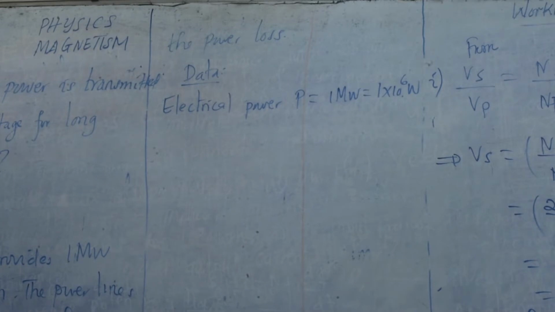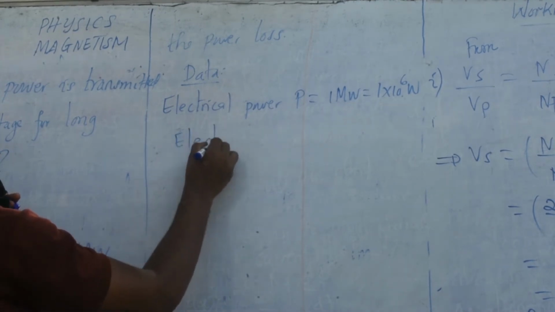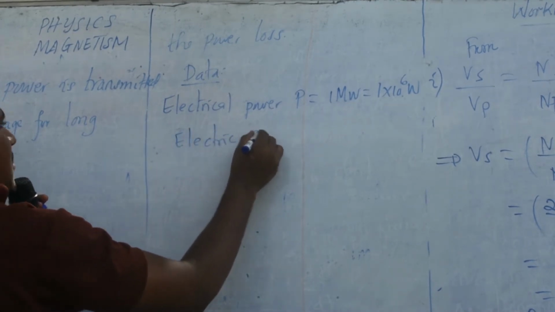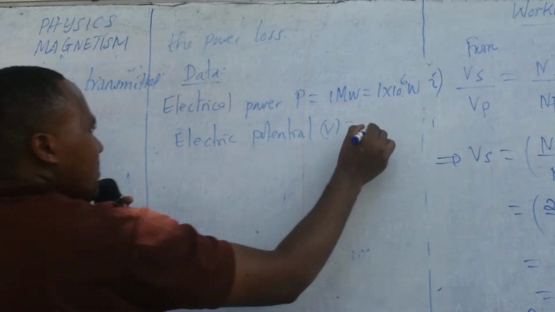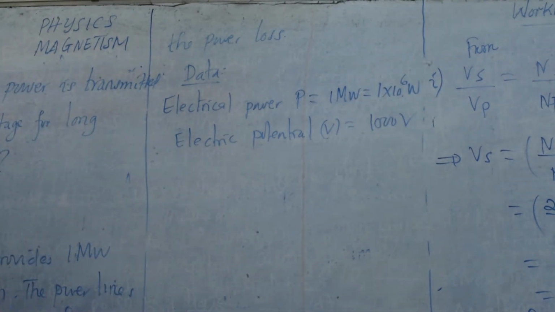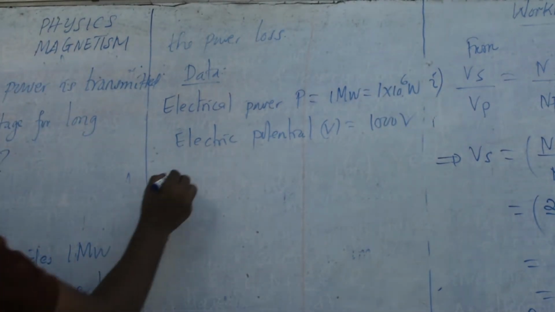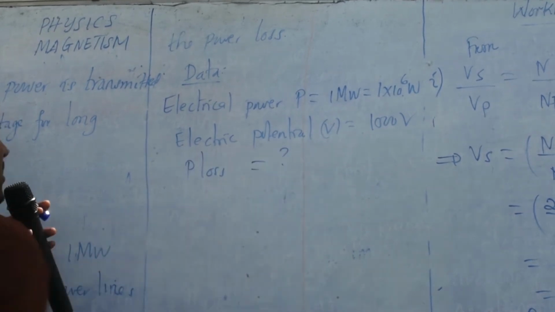We are also given that the power is generated at this voltage, so the electric potential V is 1000 volts. So we are supposed to find what is the power loss.